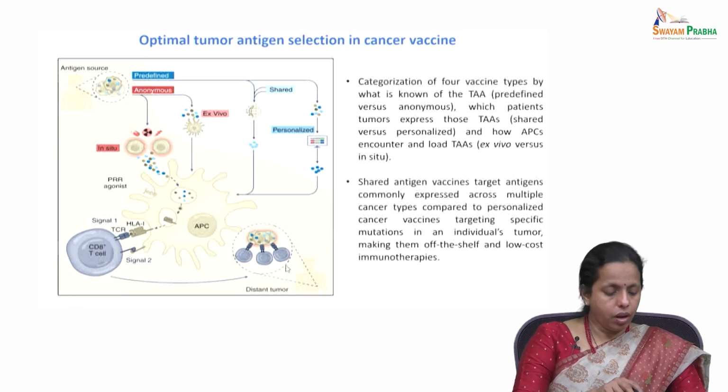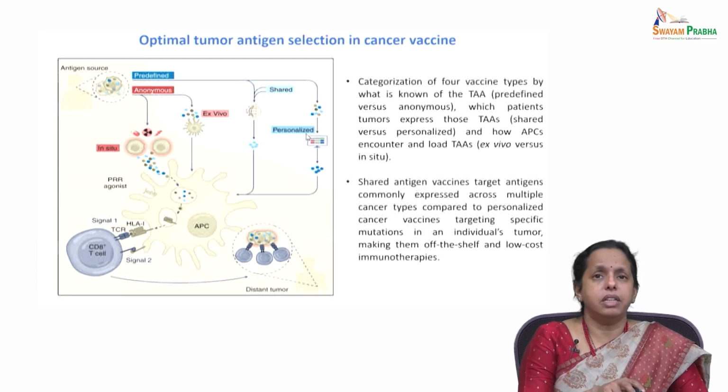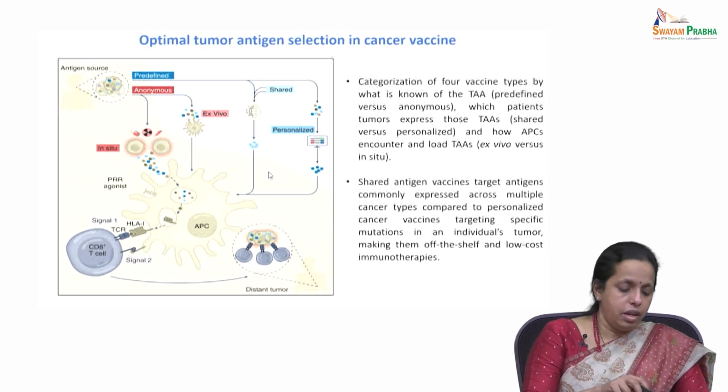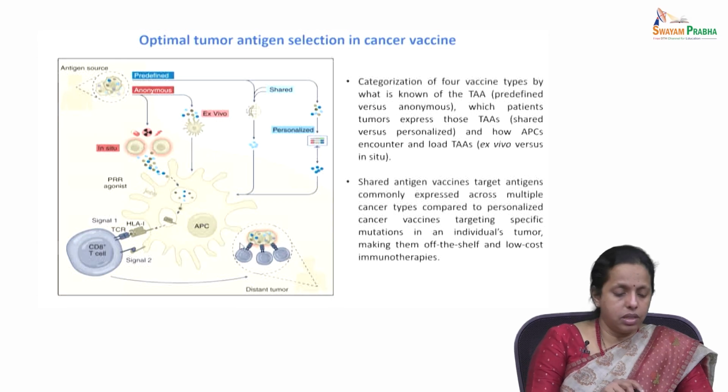Here, shared antigen vaccines target antigens commonly expressed across multiple cancers, whereas personalized vaccines target specific mutations in the individual tumor, making shared ones off the shelf and low cost immunotherapies. This is how a distant tumor is targeted by your specific T cells.